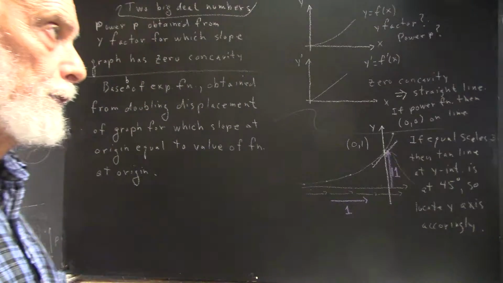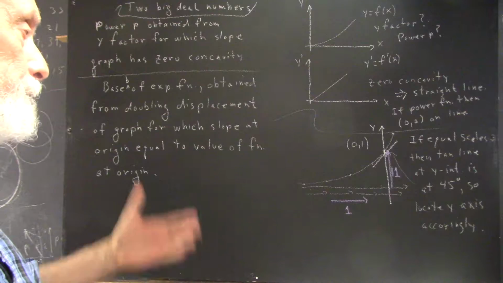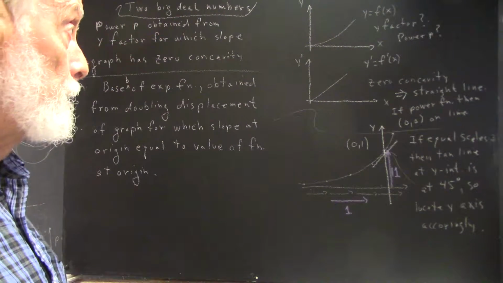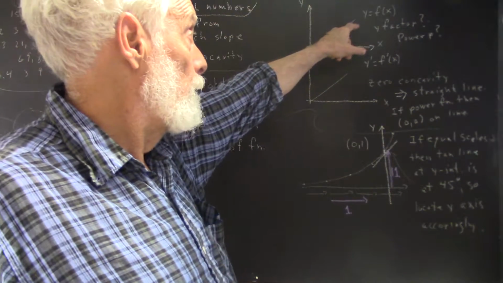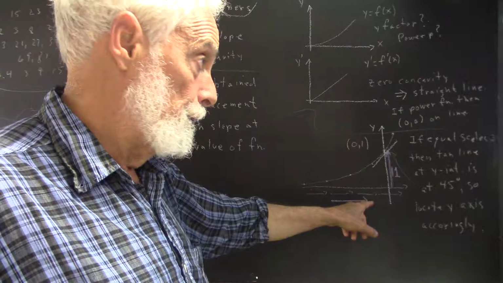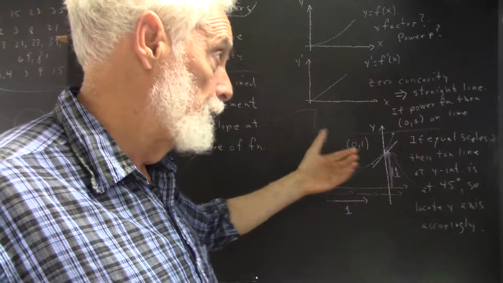So that's kind of an interesting approach, and y'all have designed other approaches. So, again, our 2 big deal numbers. We want to figure out the y factor up here and use that to find the power p. We want to figure out as best we can the doubling displacement here so that we can figure out the base of the function.